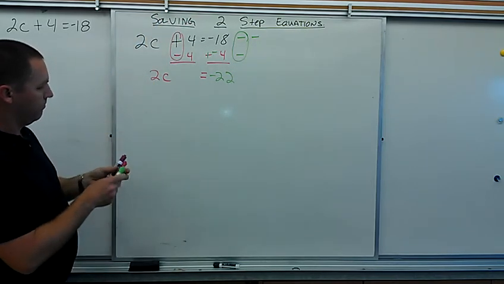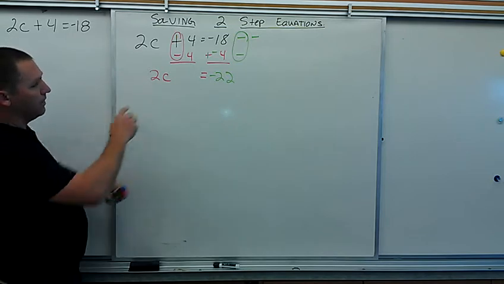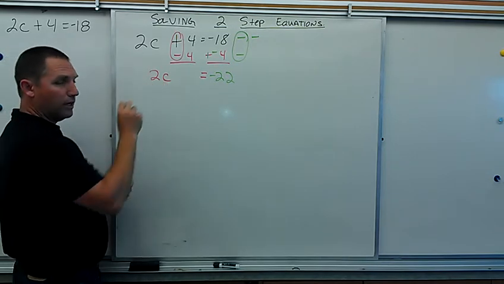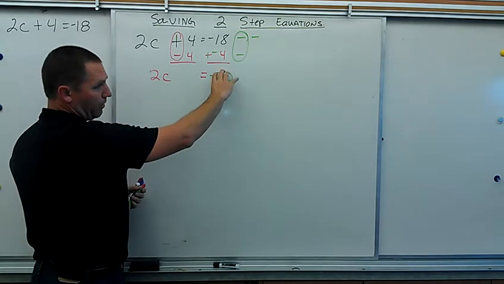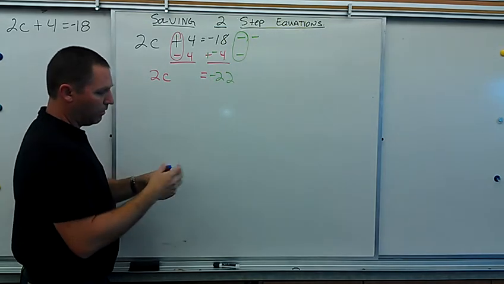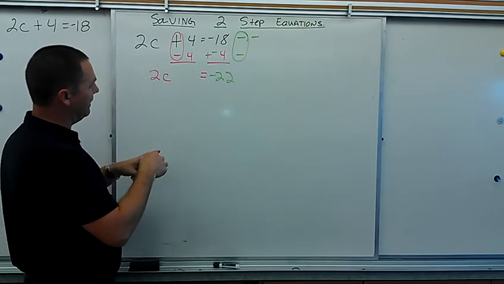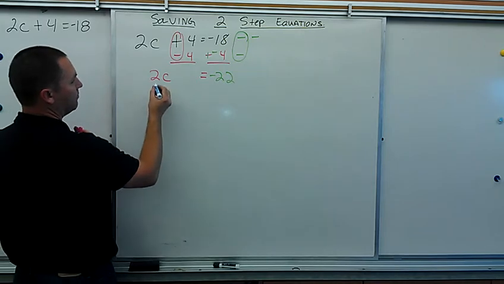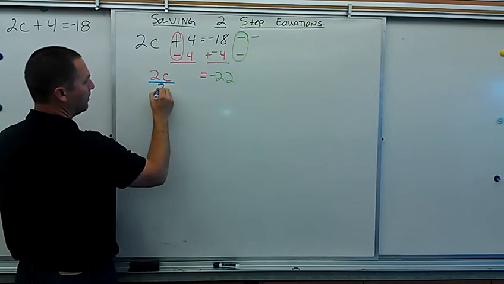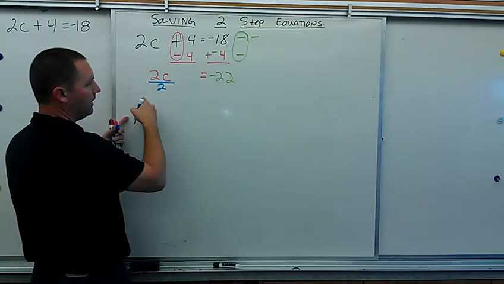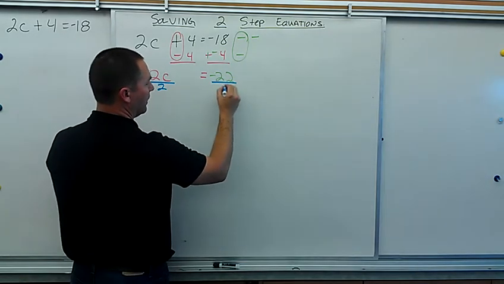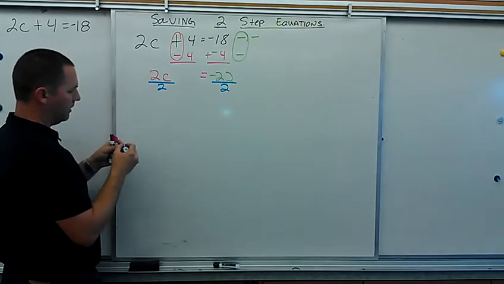The second step, I need to get rid of this 2. So I have 2 cups here. If you remember from Friday, we separated these into 2 groups. Another word for separate is to divide. And so I'm going to use this symbol for my division sign. I'm going to divide by 2. Anything I do to the left-hand side of my equal sign, I have to do to the right-hand side of my equal sign.